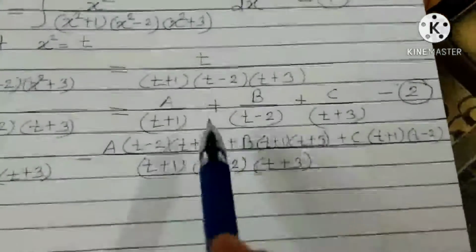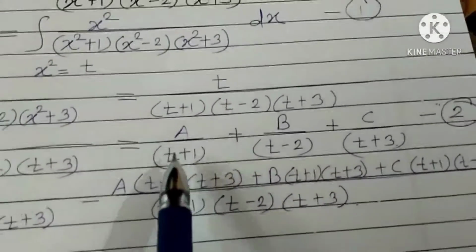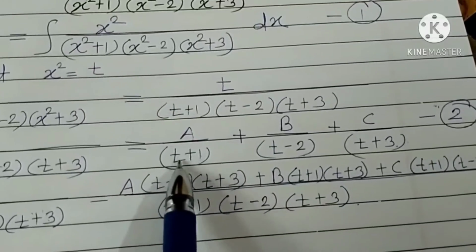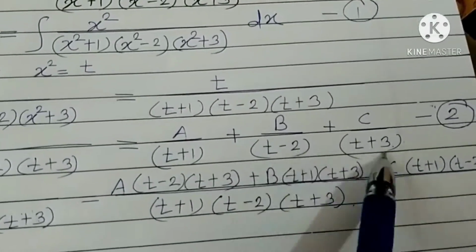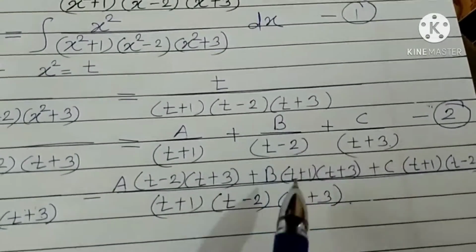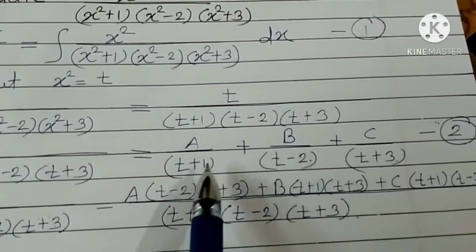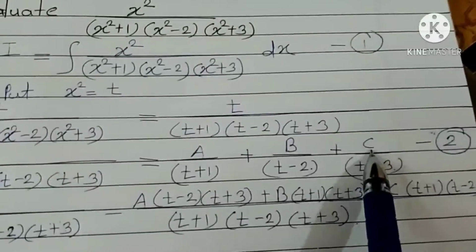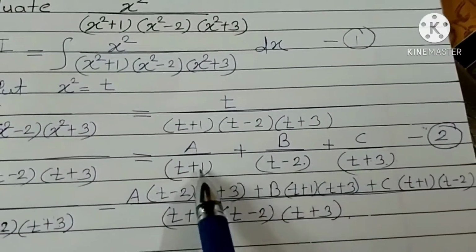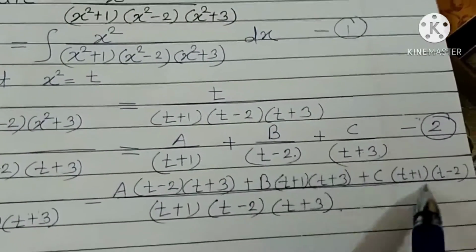How to take this LCM? When we take first term A, then leave that term and take these two terms. When we take term B, then leave that middle term and take these two factors, and last, leave that third factor and take multiplication of first and second factor.